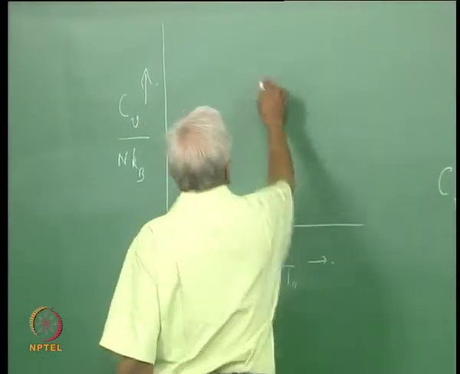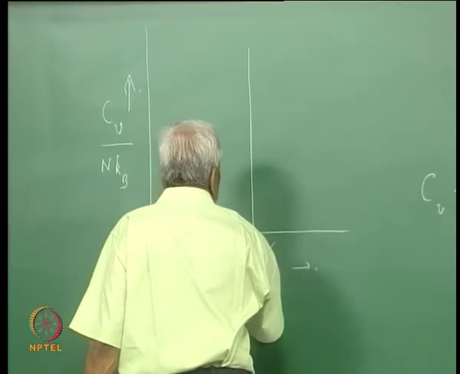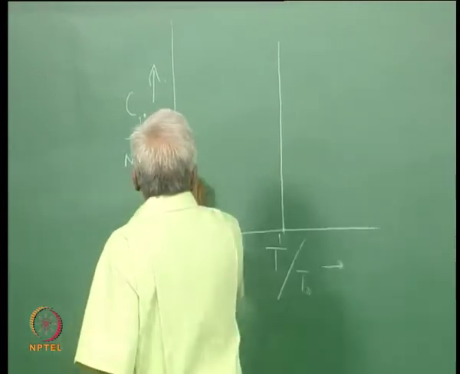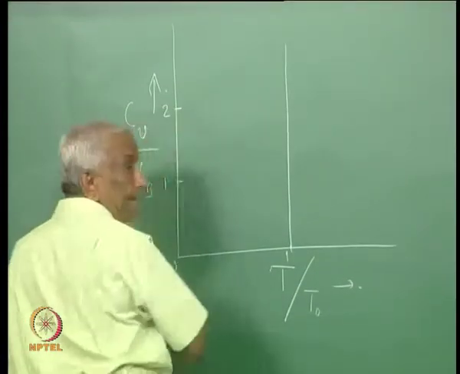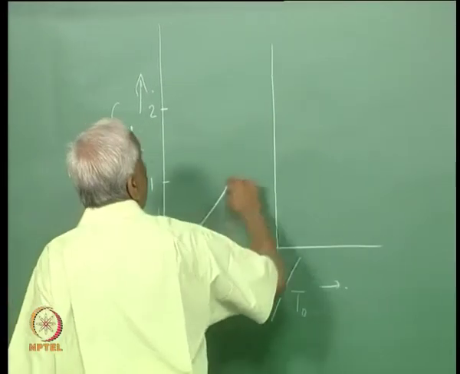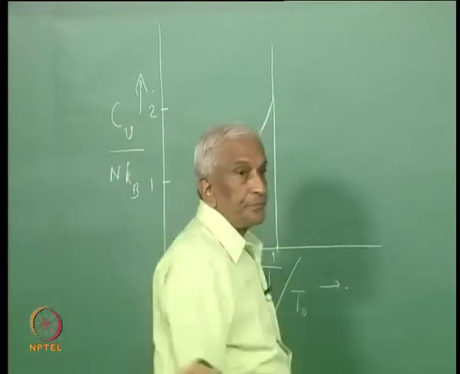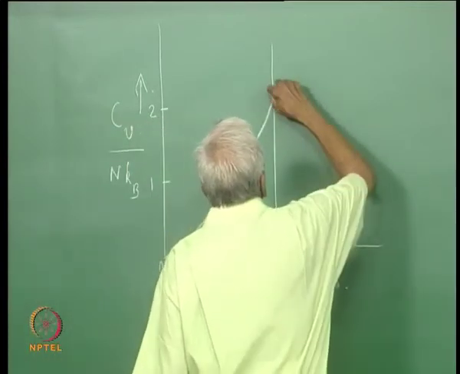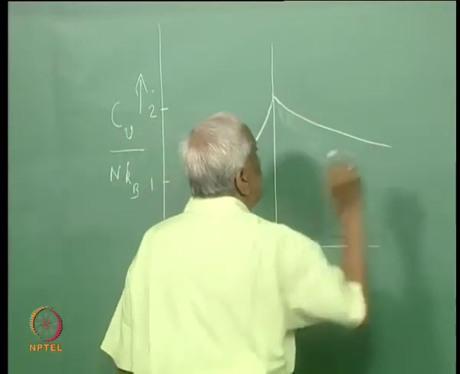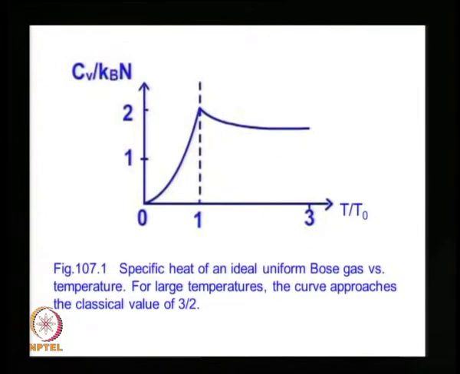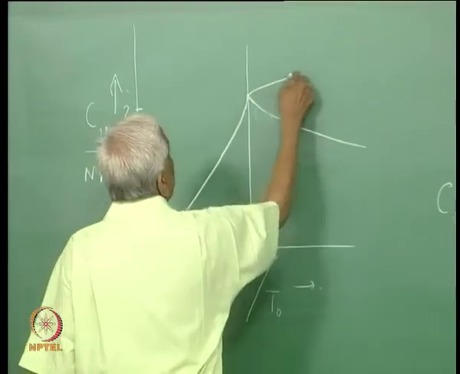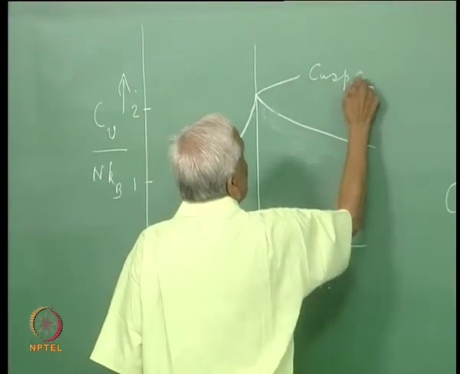When T equals T naught, it has the value 1. So, this goes somewhat like this and then comes down. So, this has a cusp at T equal to T naught.